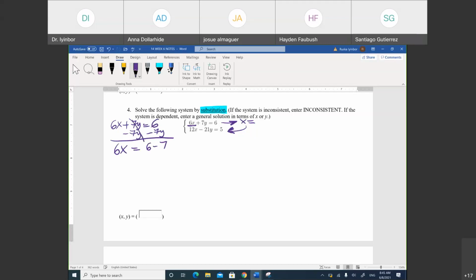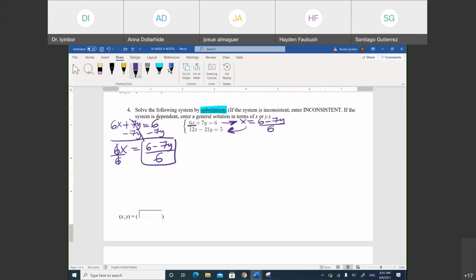I'm going to copy those because they're not like terms. You don't add them. And then you're going to divide by 6, everything over 6. And this is my x, right? You solve for x. So over here, I'm going to write x equals 6 minus 7y, everything over 6. So this is my x.